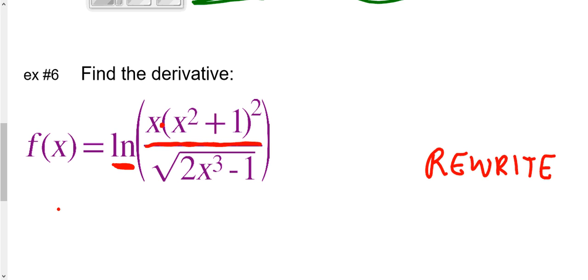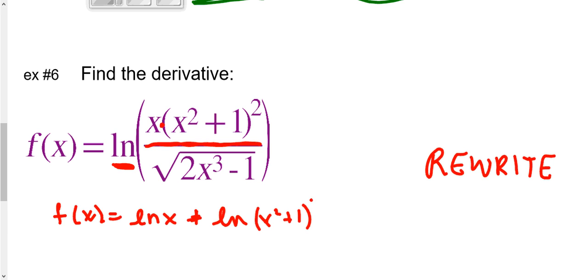So we can write this as the ln of x plus the ln of x squared plus 1 squared, because these are times, can change to adding, minus, because this is division, the ln of 2x cubed minus 1 to the 1/2.